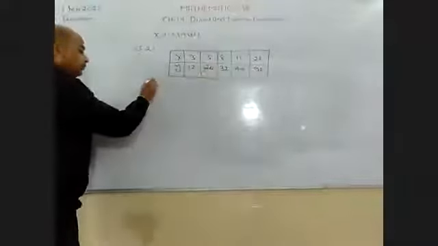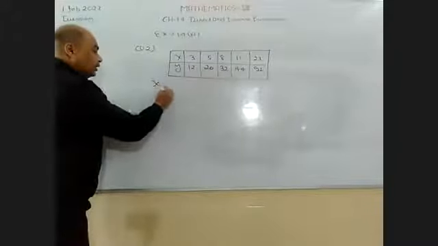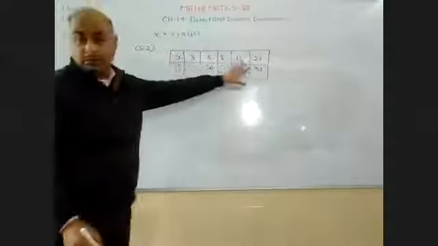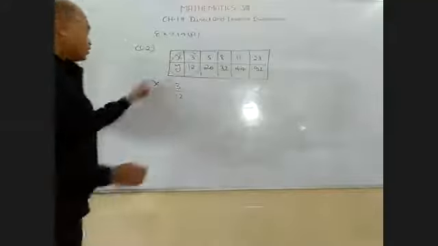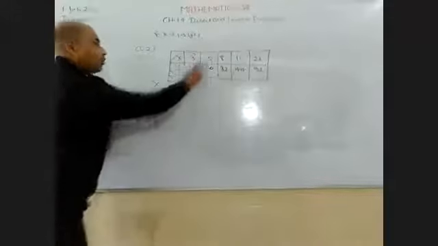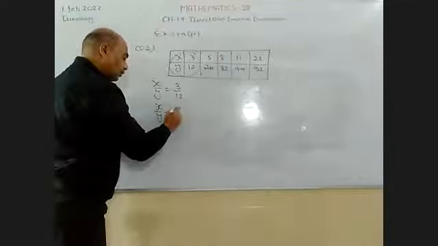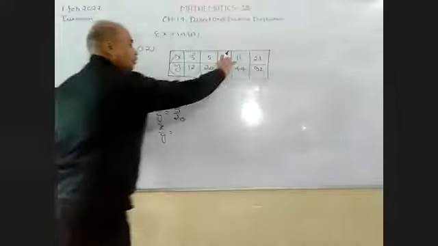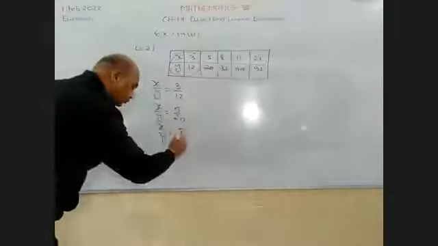So can I write X upon Y equal to 3 by 12? All terms are equal to each other. So I write here X upon Y, I take plus 2. X upon Y equal to 3 by 12. Now I write here X upon Y equal to 5 by 20. Write in this way first. Now X upon Y is equal to 8 by 32.